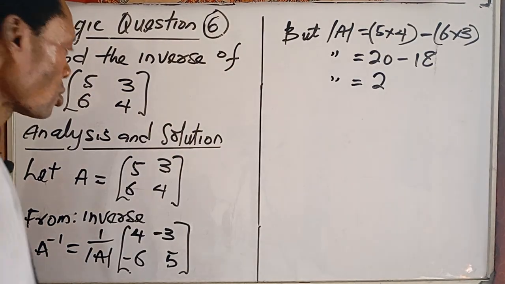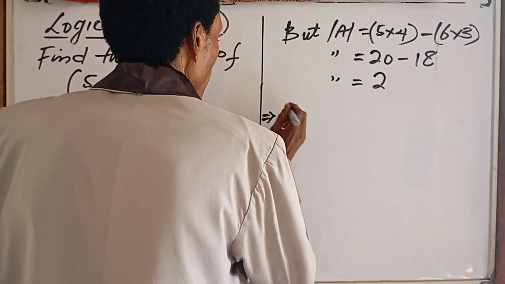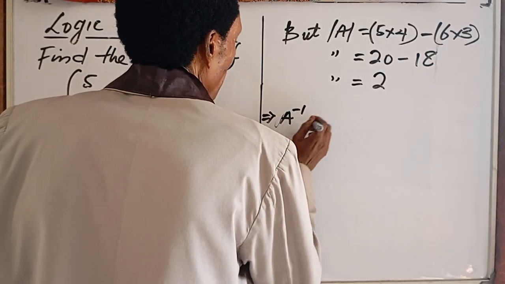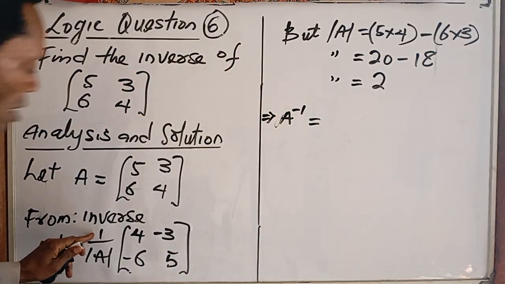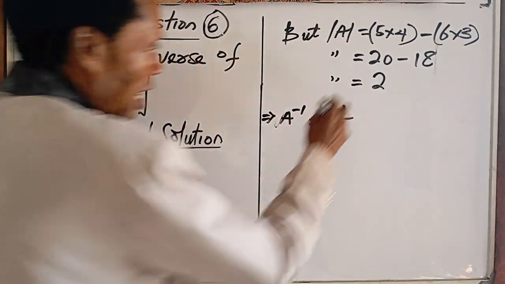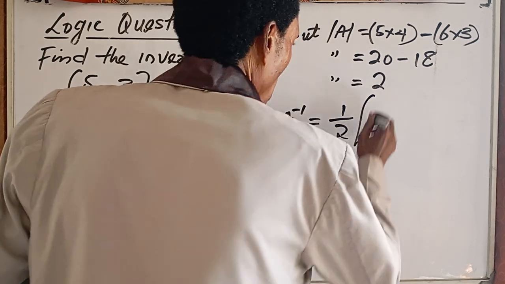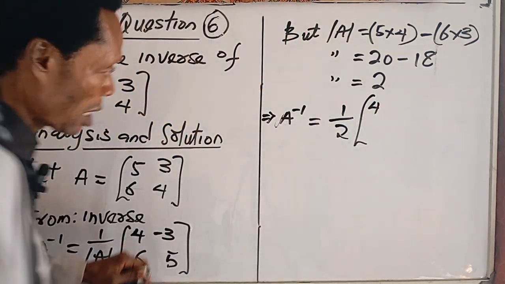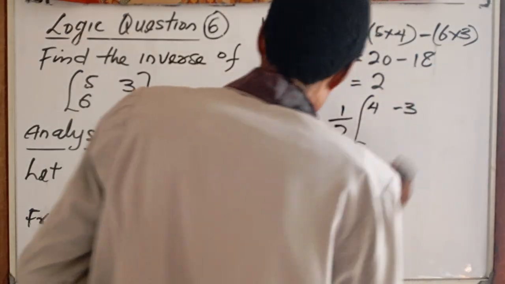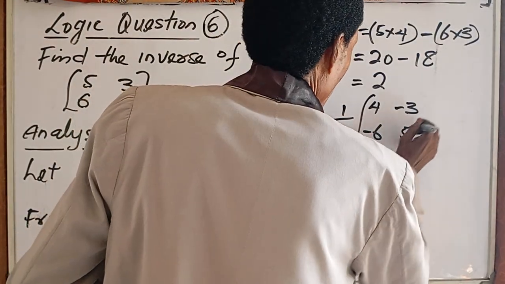So the inverse of A is 1 over the determinant, which is 2, times the matrix 4, negative 3, negative 6, 5.